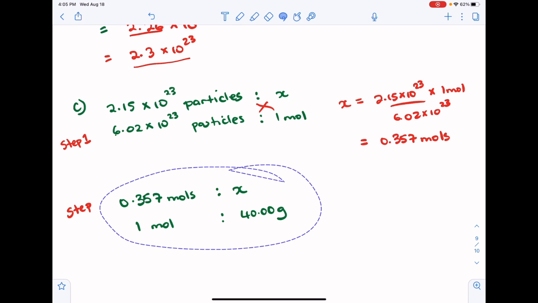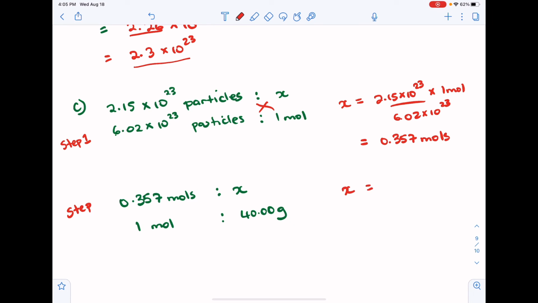So our X will be 0.357 mole times 40.00 grams divided by 1 mole, which will equal 14.28, and the units that remain are grams.